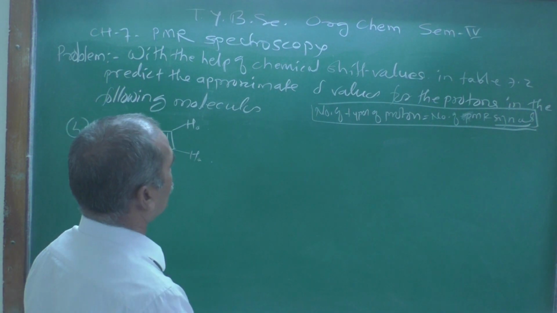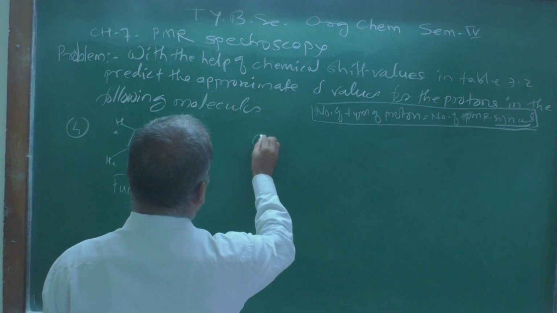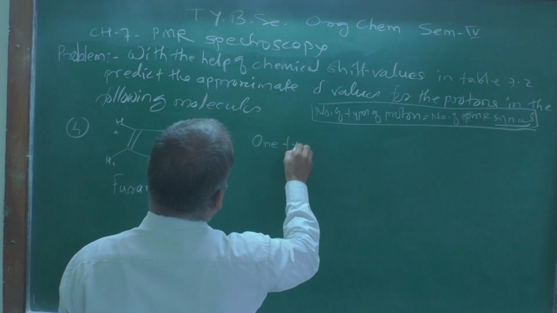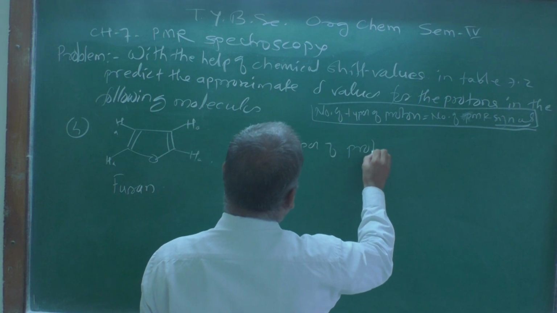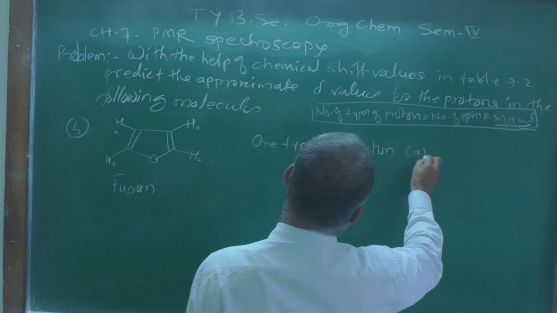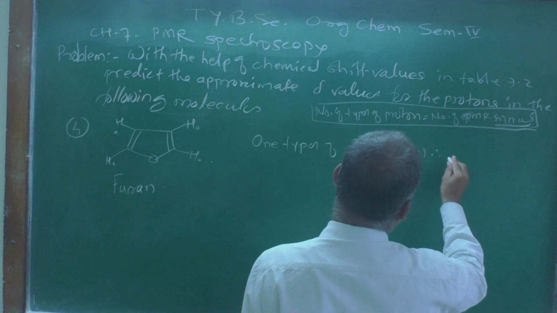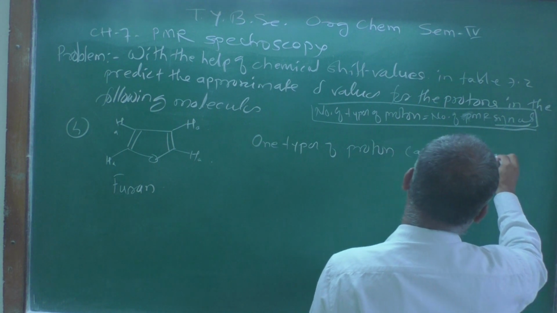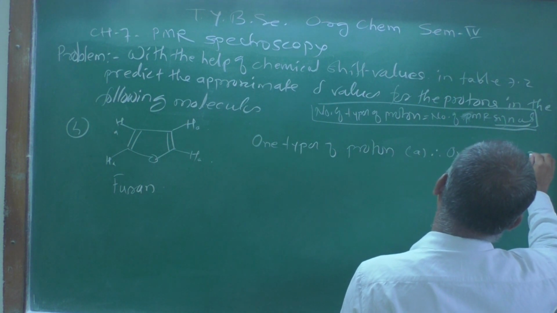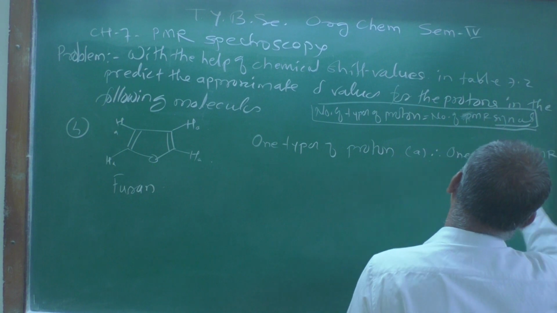Means one type of proton, you can call it A, and therefore one peak in PMR. That's it.